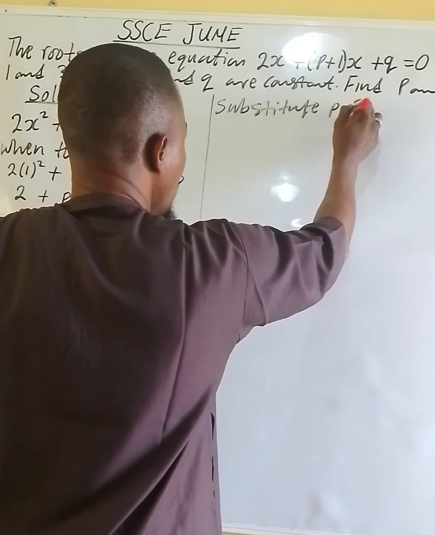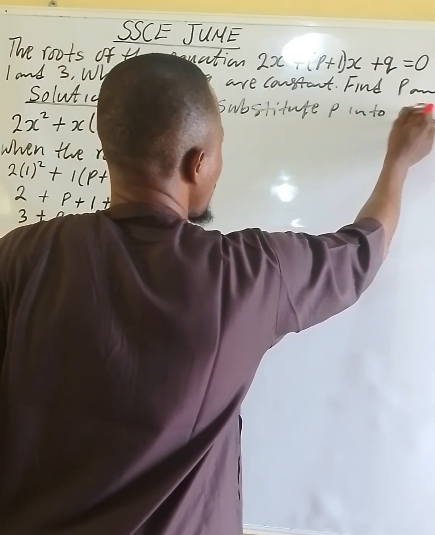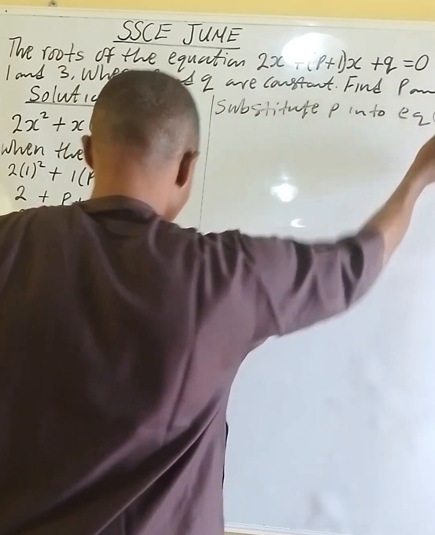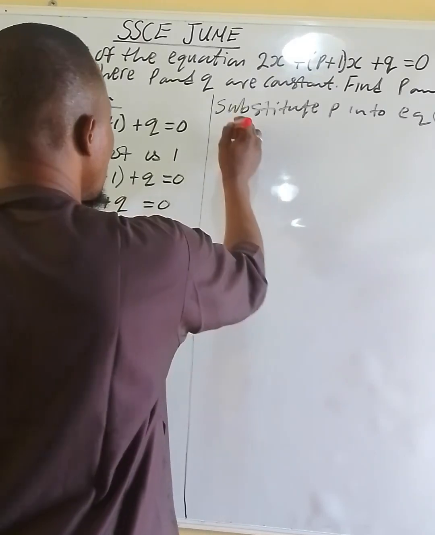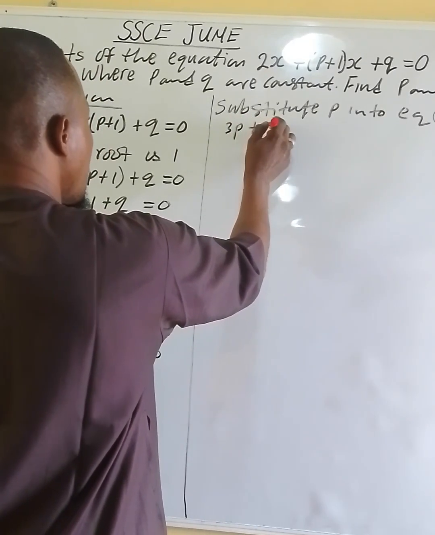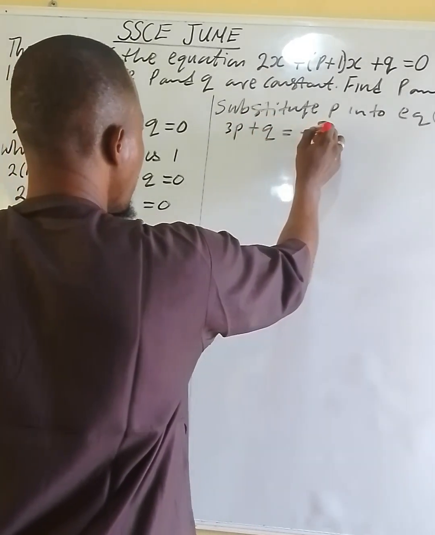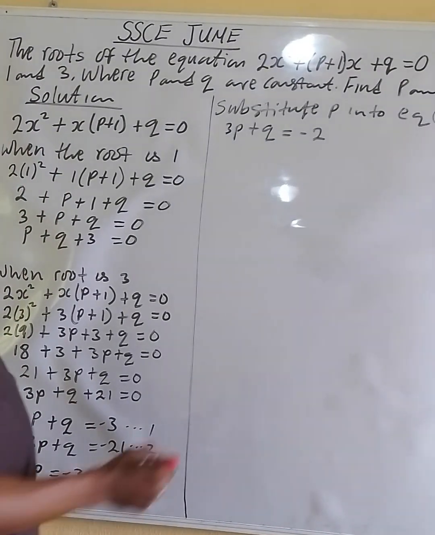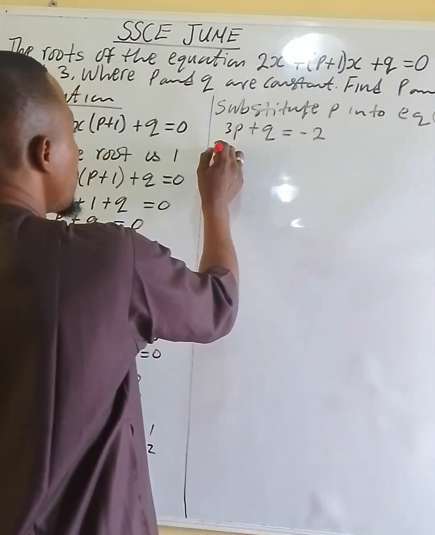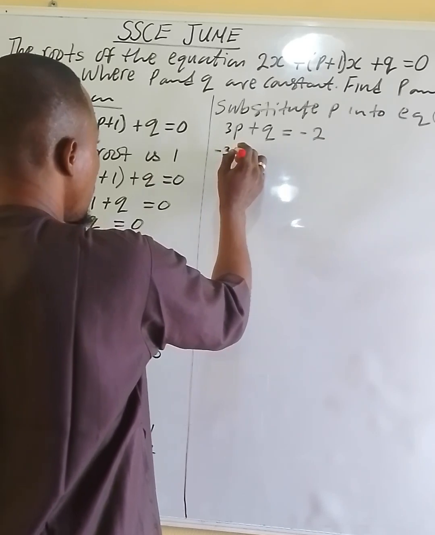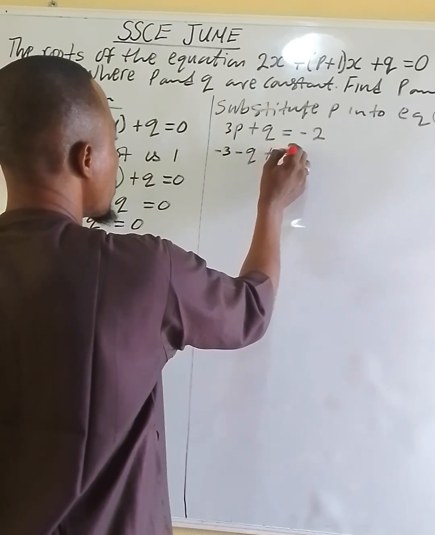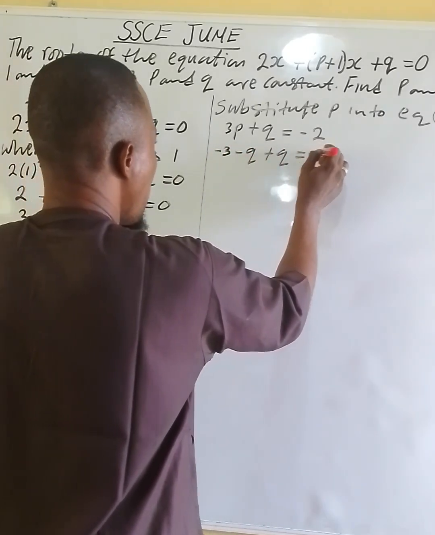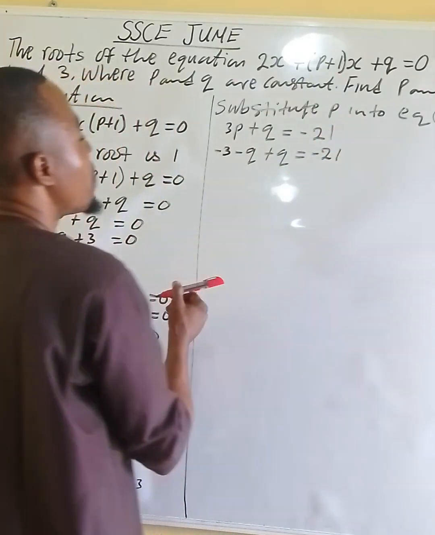Equation 2 says 3p plus q equals minus 21. So anywhere we see p, we represent it with minus 3 minus q.